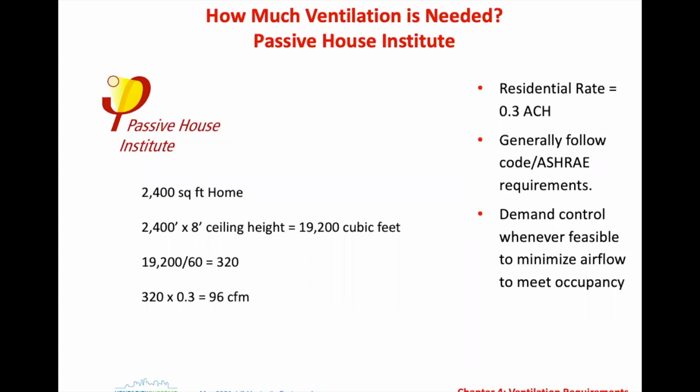If you look at just residential, and I just want to give you an idea of this, this is a basic formula that we use. Passive house on supply ventilation is 0.3 air changes per hour as a minimum.